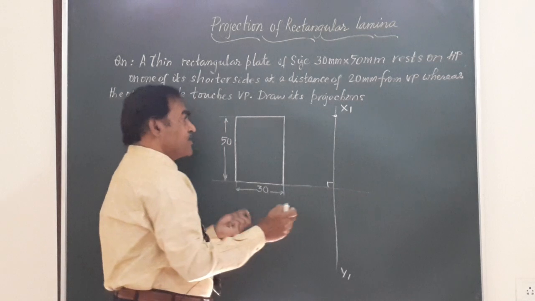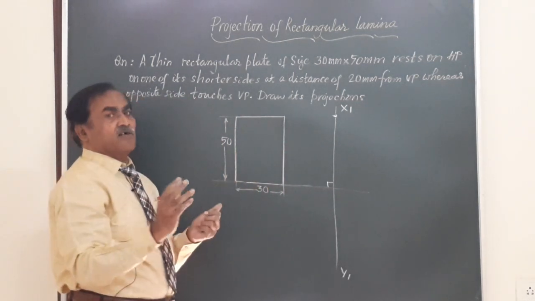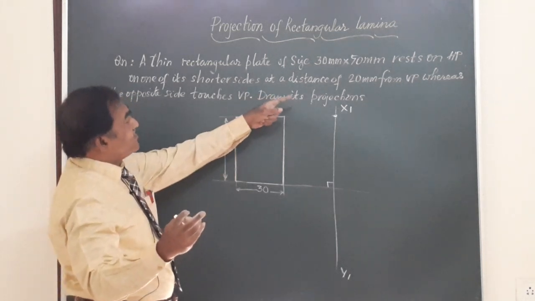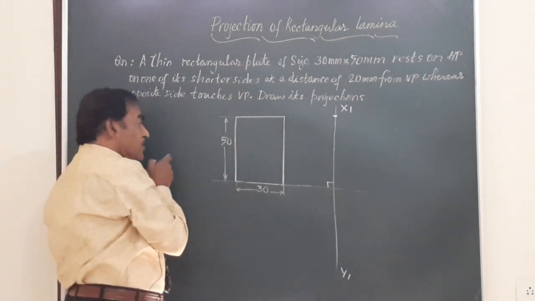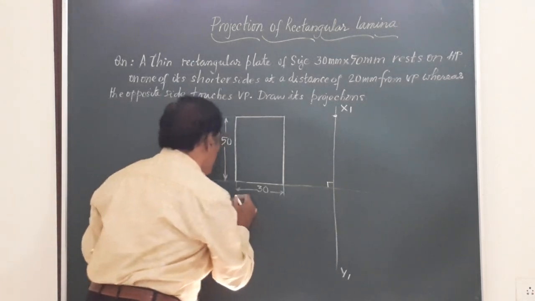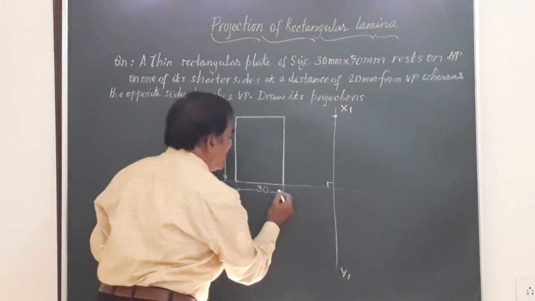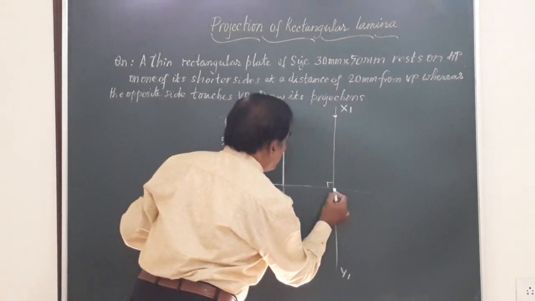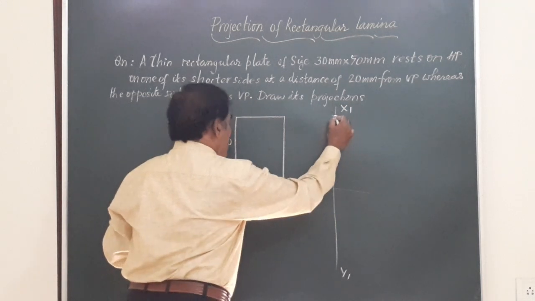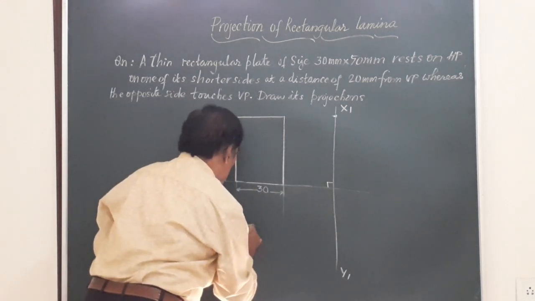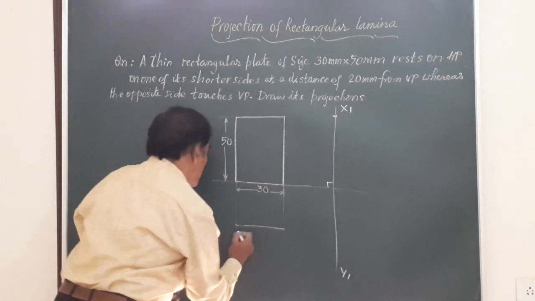At what distance should you take this? He says the plate is held parallel to the wall at a distance of 20 mm from the wall. You can see the distance in the top view and also in the end view. So, very obviously, if you are writing a line here and writing this 20 mm here, this will be on this line. So, how to get that? You have a line here at a distance of 20 mm.